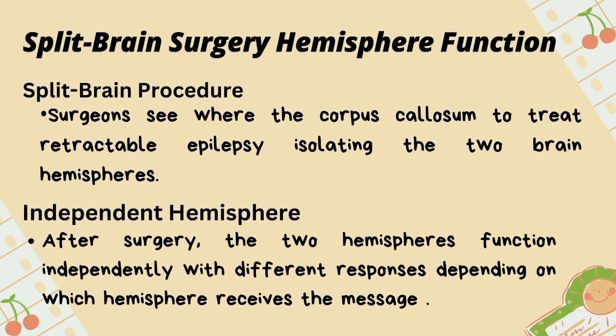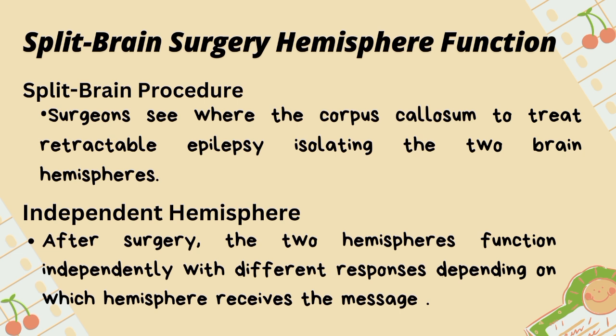Why? Because our right hemisphere cannot communicate with the left hemisphere. And if the ballpen is placed in the right hand here, which is processed by the left hemisphere, the person can both use and name the pen because the left hemisphere controls language.